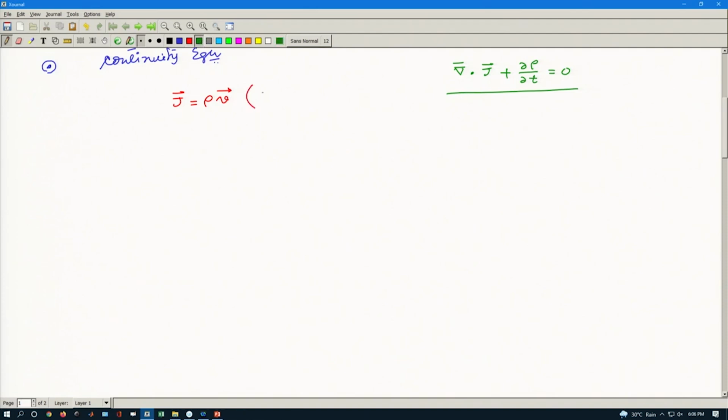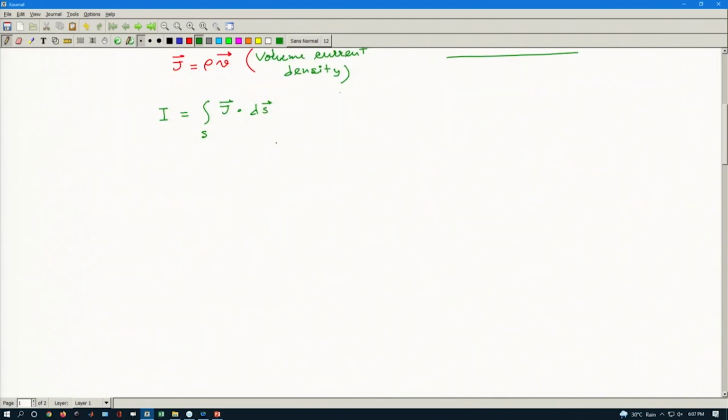This is called the volume current density. And in terms of volume current density, if I want to write down the total current, it should be like this, J dot dS.